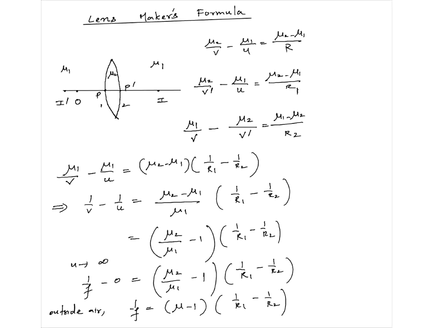We can also arrive at the lens formula. 1 upon v minus 1 upon u is something. 1 upon f is also that thing, isn't it? They are same. And that means 1 upon f is 1 upon v minus 1 upon u.